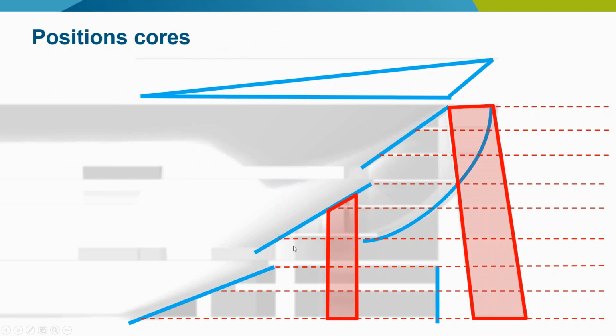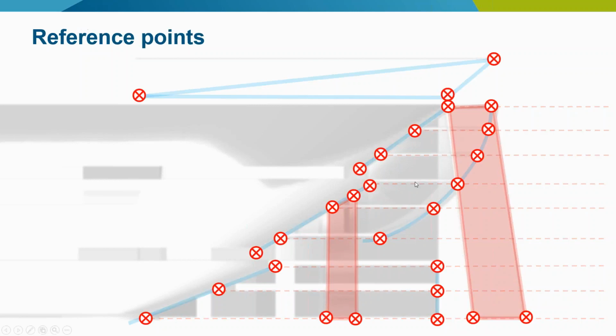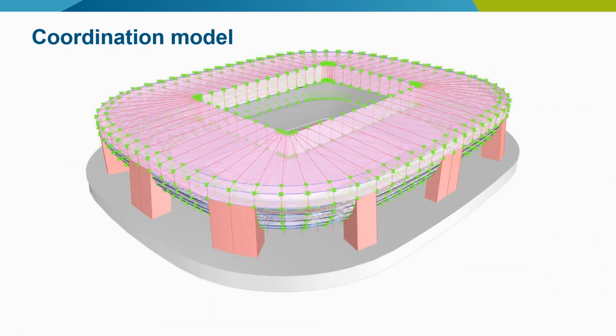And then in the design, they want to have sort of floating bowl. So they should be supported by cores, which were over here. And these reference lines plus the cores and the levels give reference points. And this is a point cloud which results in this model. And this model was used as our coordination model.